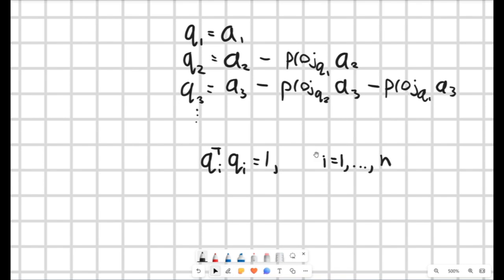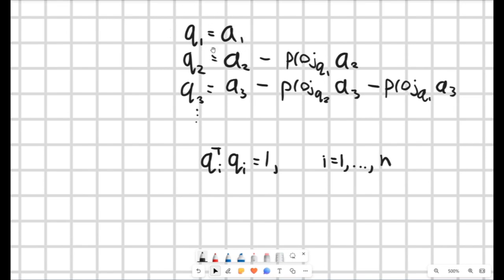Okay, so we've used our Gram-Schmidt process to create all these orthonormal vectors that have the same span as the columns of the matrix A. So if we look at this first term here, bearing in mind that we may have normalized Q1 afterwards, what we can say is that A1 is equal to some kind of constant times Q1.